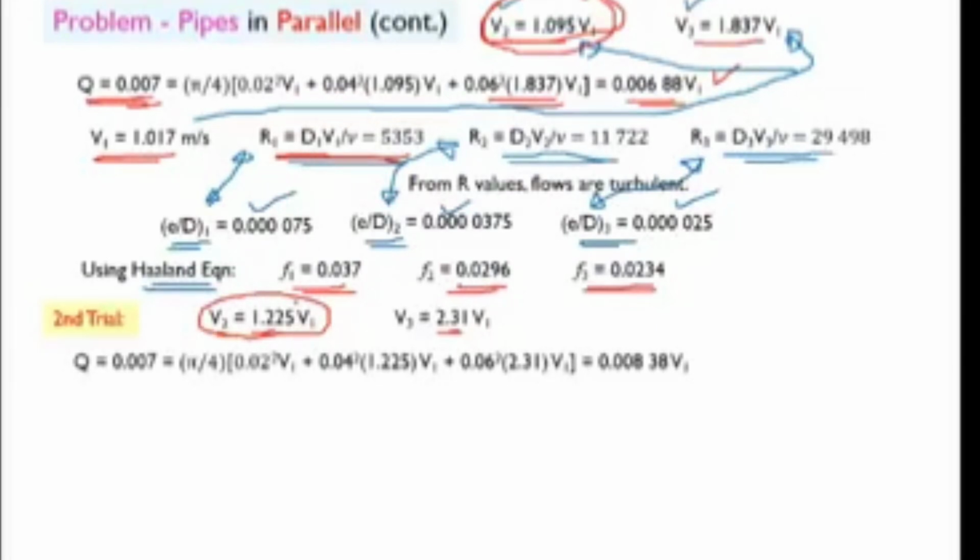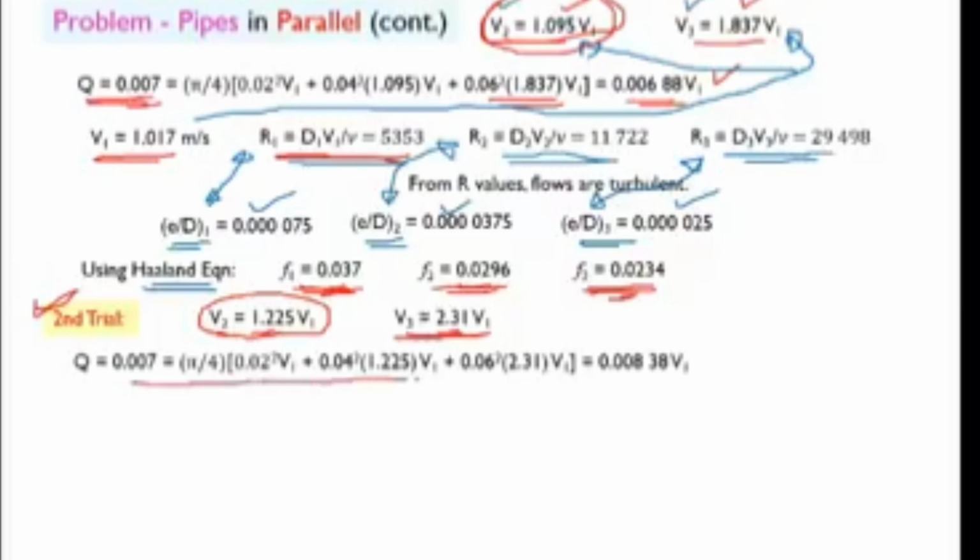Why is this different? Because now we are using these values, F1, F2 and F3 for the second trial. Previously, we assumed the same F values, so they cancelled out and we got these simplified expressions. Now that we put in the values of F1, F2 and F3, these are the expressions that we get for the velocities V2 and V3 in terms of V1.